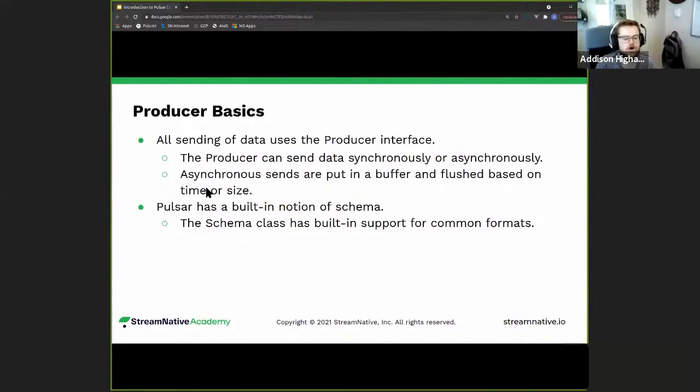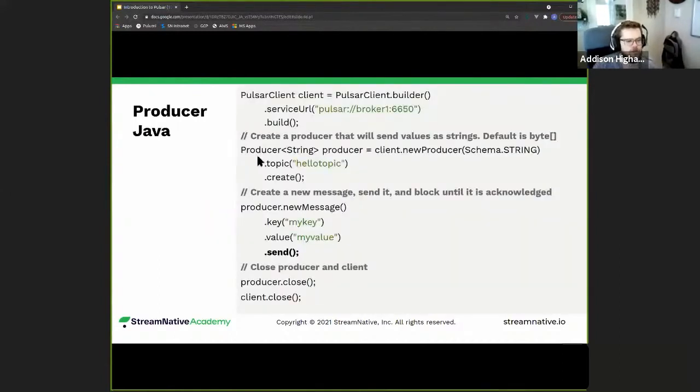It's also important to know that all of the Pulsar APIs have a built-in notion of schema. So you can use Pulsar's APIs for serializing and deserializing your data and ensuring that you're getting easy to read and easy to understand data. And once again, one of my favorite features is all this complexity in a simple to use API. Here we're creating a Pulsar client that uses just this service URL.